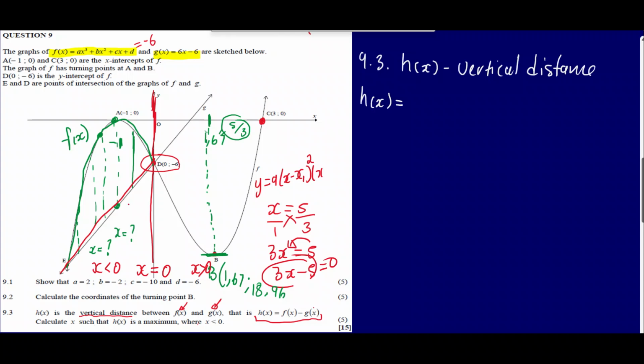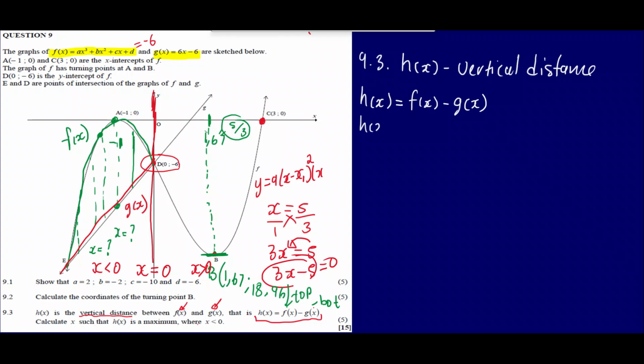So we will answer this using f of x minus g of x, because the top one is f of x. I think here they've already done that for us, meaning the top function minus the bottom function, the one below the other one.